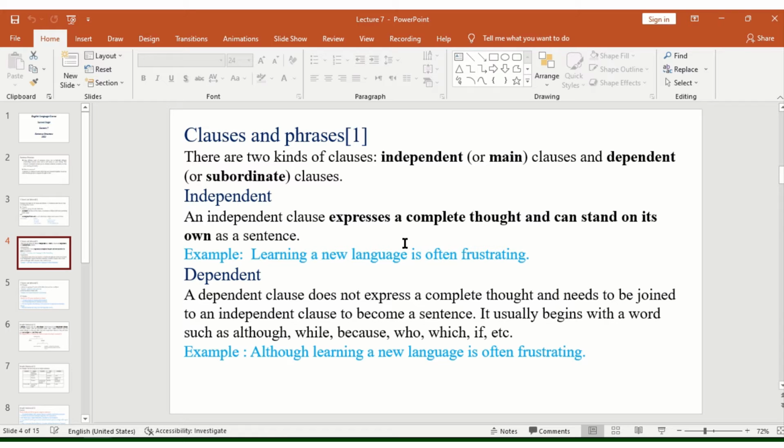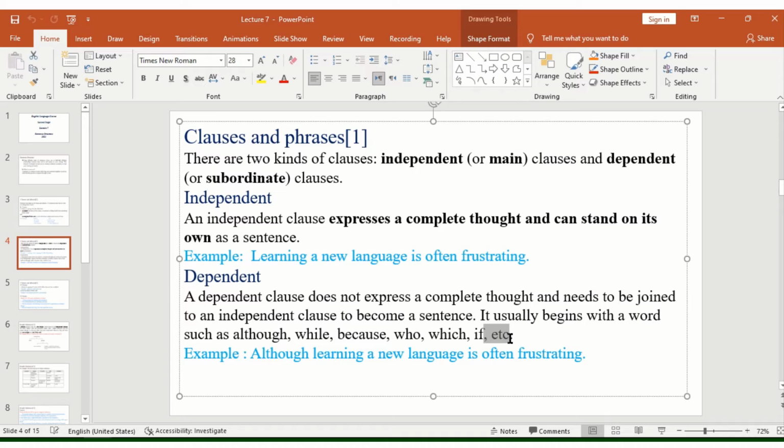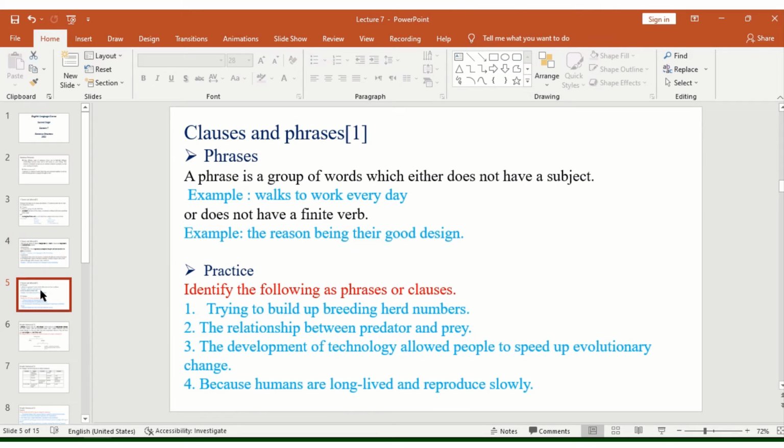It usually begins with words such as although, while, because, who, which, if. Example, although learning a new language is often frustrating. Phrases.